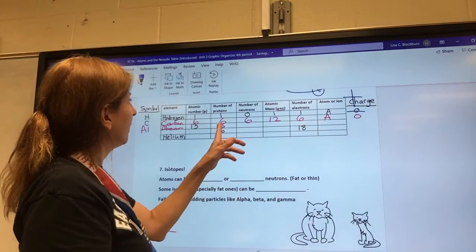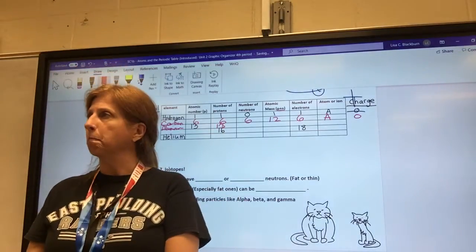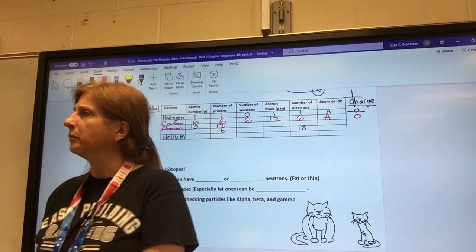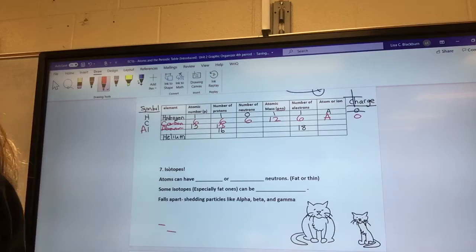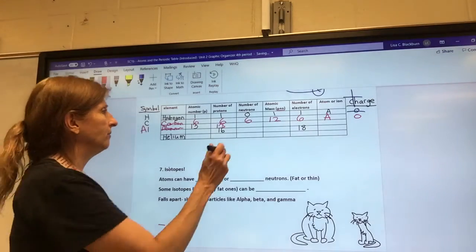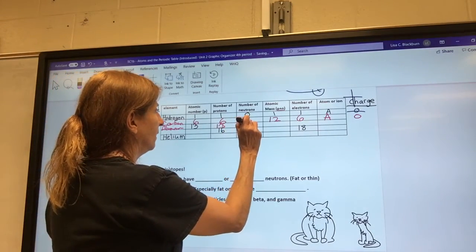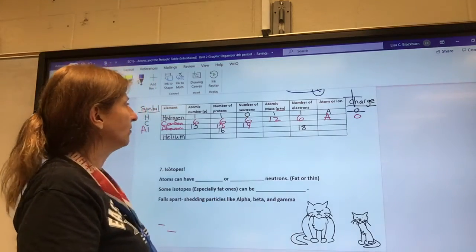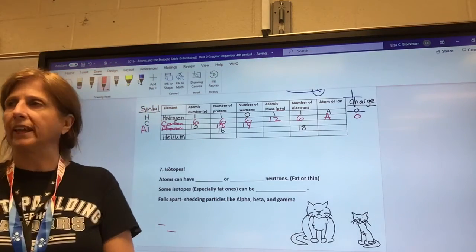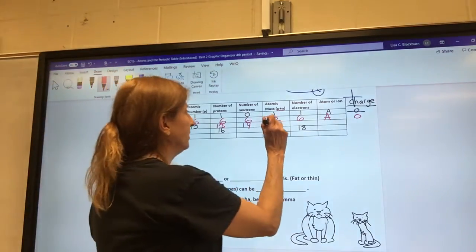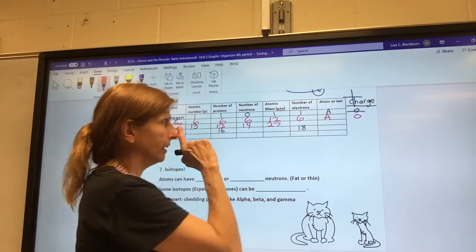What is the number of neutrons? 14. So aluminum is what over there? 27. 27 minus 13. Is that 14? Okay. The mass. What is 13 plus 14? 27. And notice we're rounding it off.